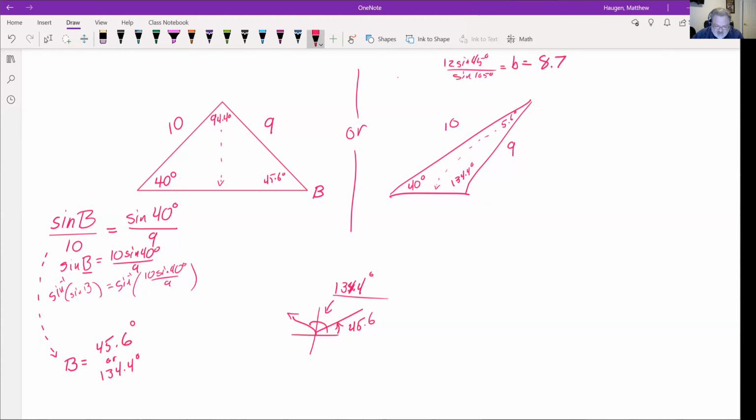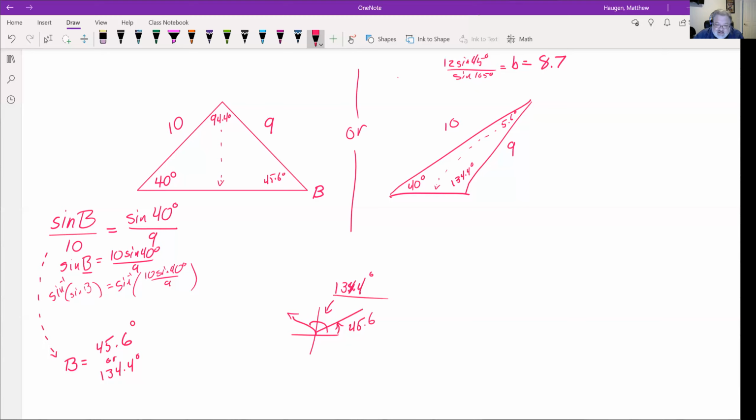So this is going to happen to us sometimes when we're using law of sines. We have to deal with the fact that when we use the inverse function, how many answers do we get? I've mentioned that before, right? When we use an inverse function, we get how many answers?